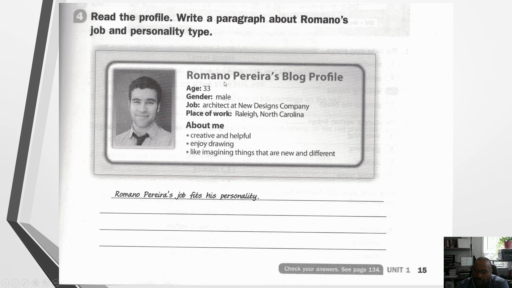So let's take some time, pause the video, and go through Romano P's blog profile and write down some personality type information based on what we see here. Alright, so the first one is done for us. Romano P's job fits his personality.